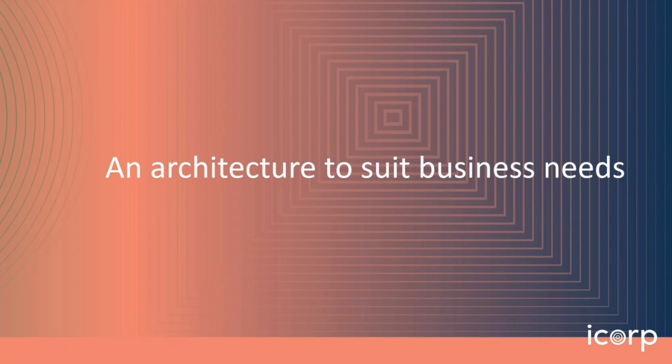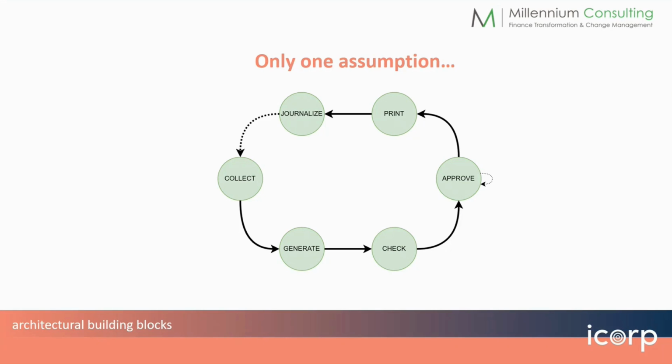So let's talk about the architecture to suit your business needs. Within the billing solution, we only have one assumption. And that assumption is that within the process that is displayed on this slide, we can model your billing process, which actually comes down to the following steps.